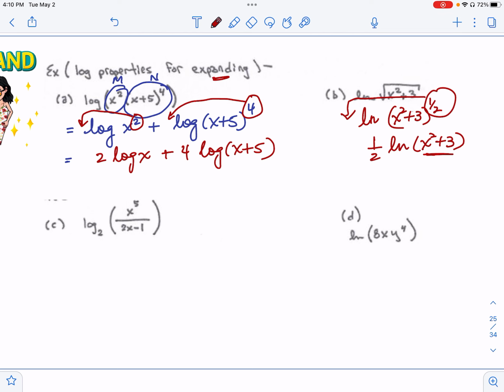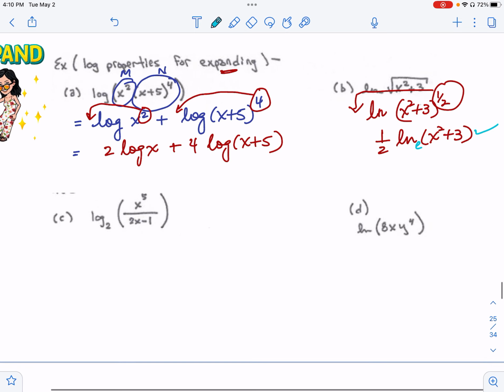Don't drop the parentheses, number one. Number two, this 2 cannot be brought to the front because x squared plus 3 is all together. I cannot get inside of these parentheses and just pick up the 2 and move it somewhere. So this one's actually expanded as best we could. Also, this is natural log, so just know the base is e. Obviously, we're not going to write that.